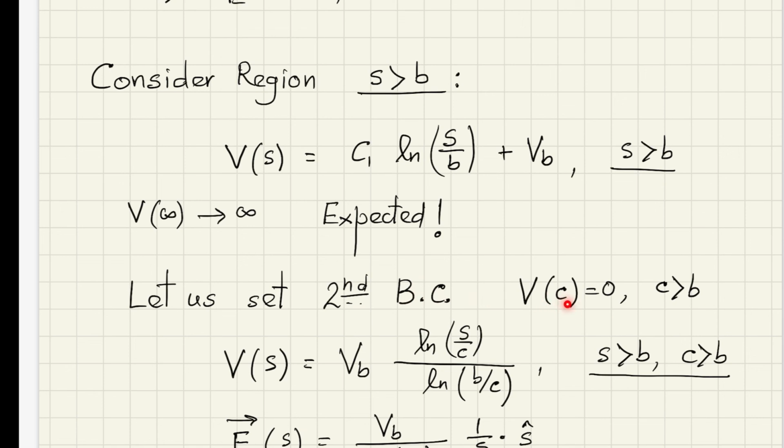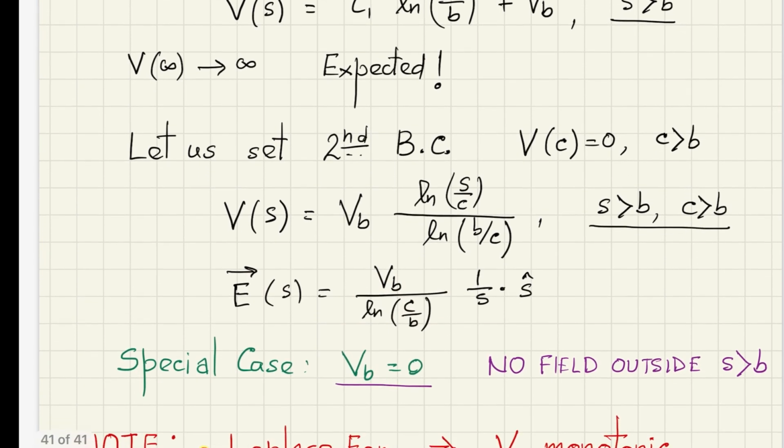Suppose I said that at some point C, which is greater than B, V of C is 0. Then my V of S, the potential, becomes VB times log of S, I add the constant log B by C, for S greater than B. This is the exterior region, and C is greater than B. I can now again differentiate and obtain the electric field for all outside, which is what we would expect.